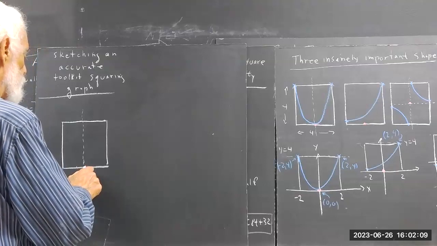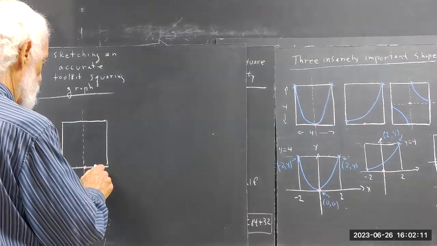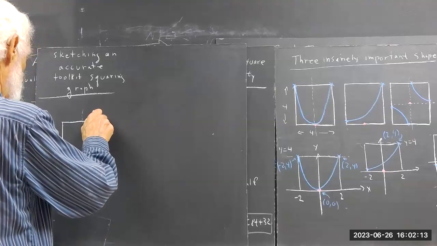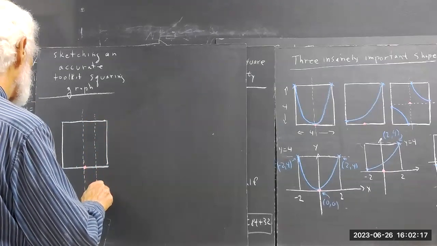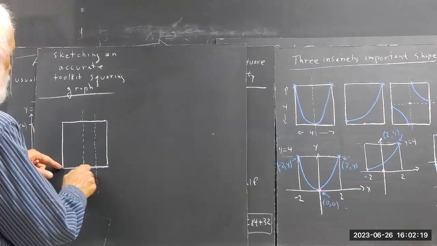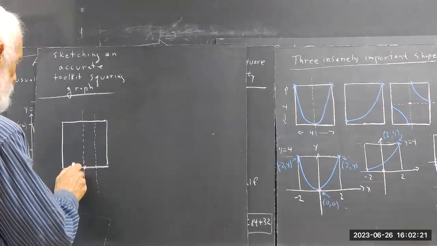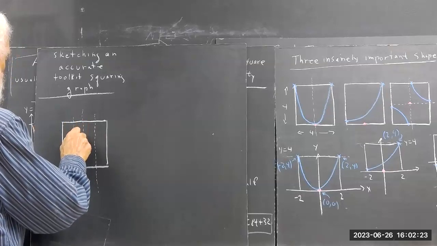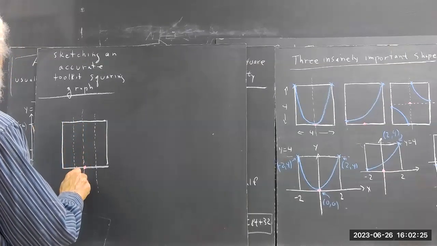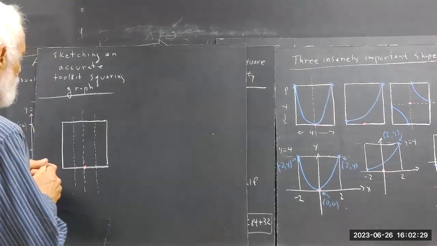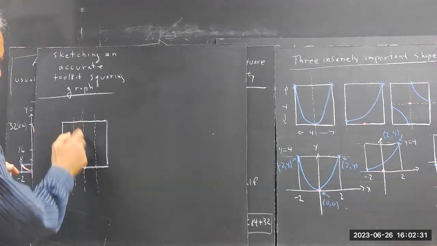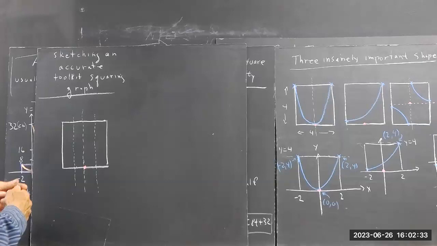Now we want to cut the interval from here to here in half, which means we're going to want a dotted line. Then cut this interval in half, which means a dotted line out here. This interval seems a little short because this thing's moved over a little bit.